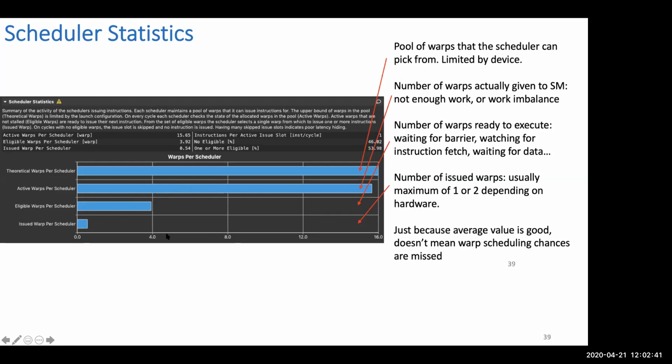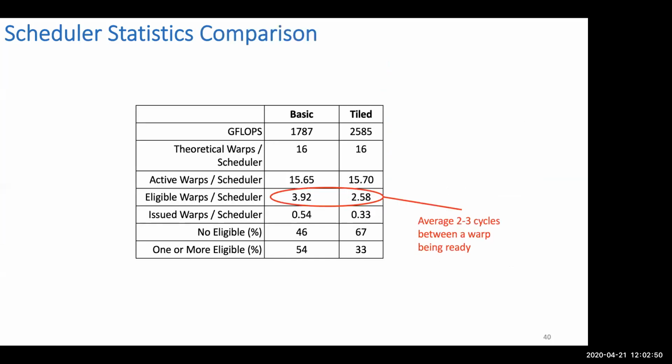Because if we understand that, we can maybe fix that, make more of them eligible to be scheduled, and then improve how fast our code executes. I pulled these numbers out for both our products again, and we can see that they're substantially similar here. We have about 2 to 3 cycles on average between when warps are ready to execute.